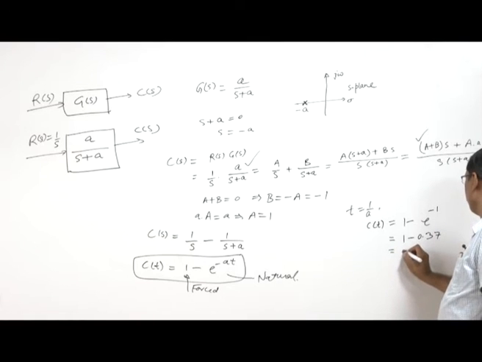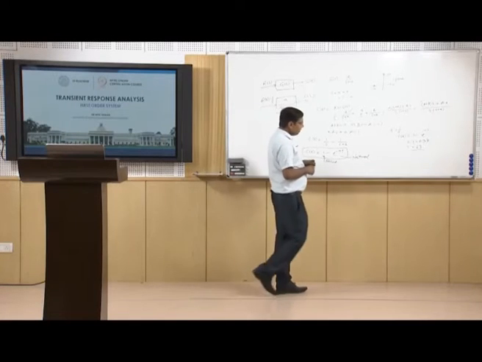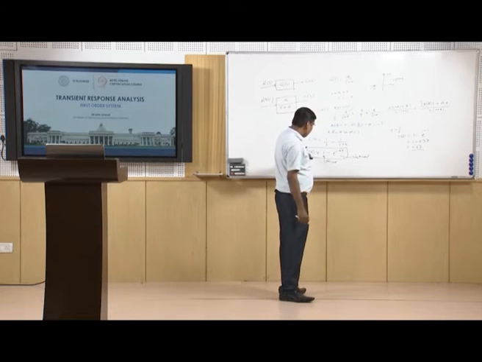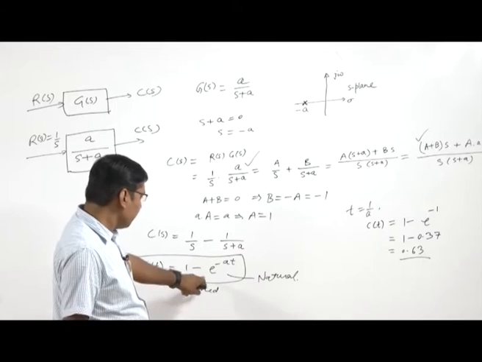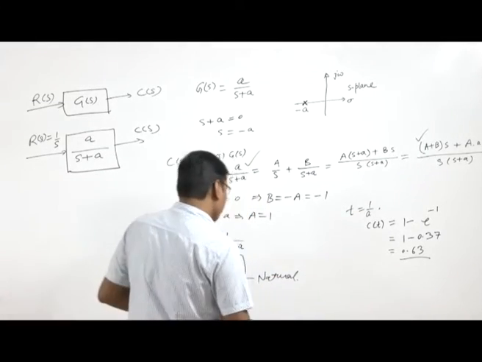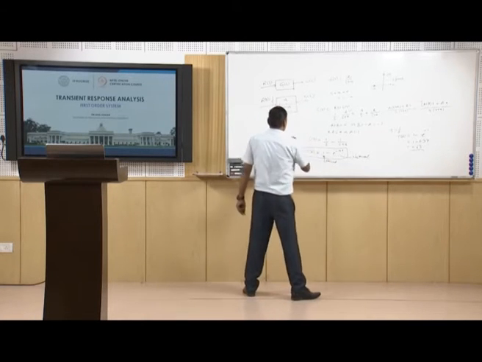So this is 0.63. So we see that the response c(t) is equal to 0.63 when t equal to 1 by a, and this 1 by a is called the time constant.